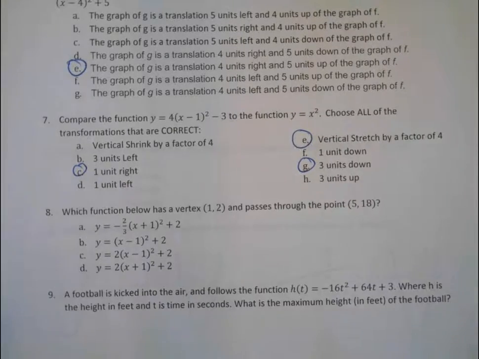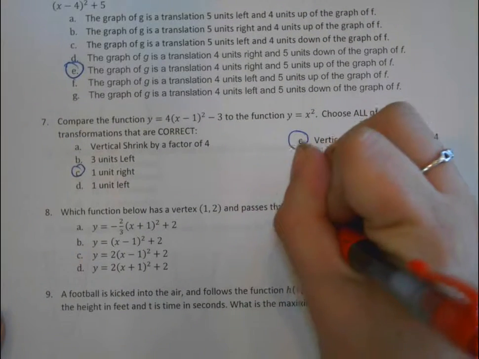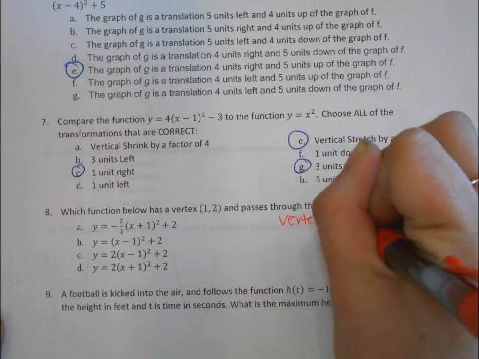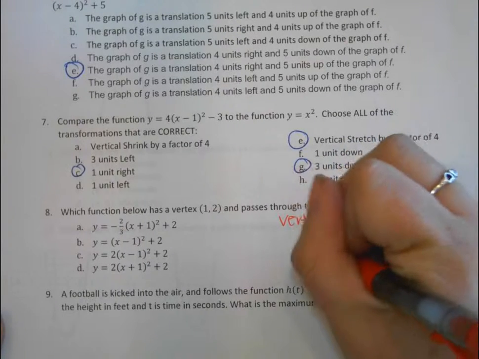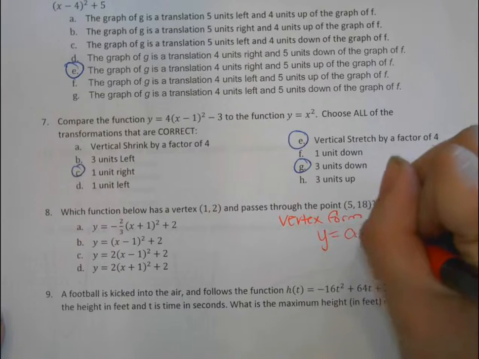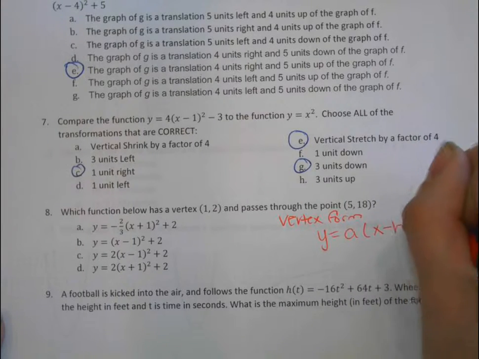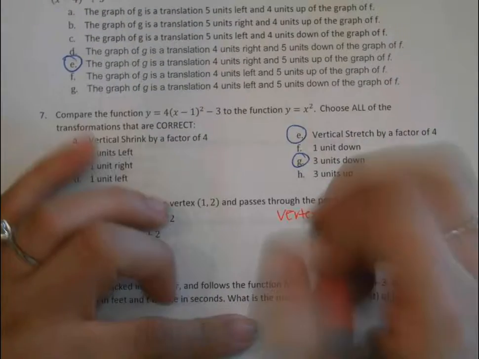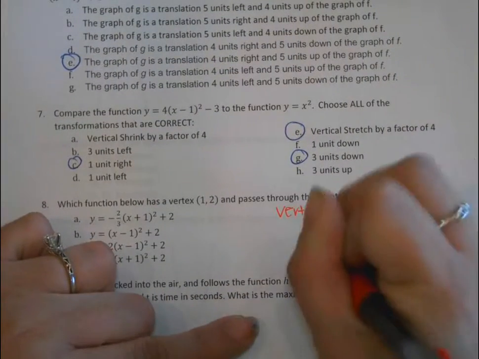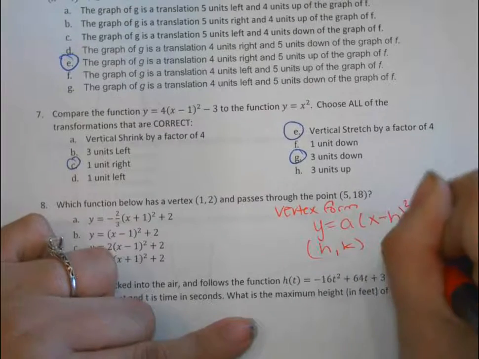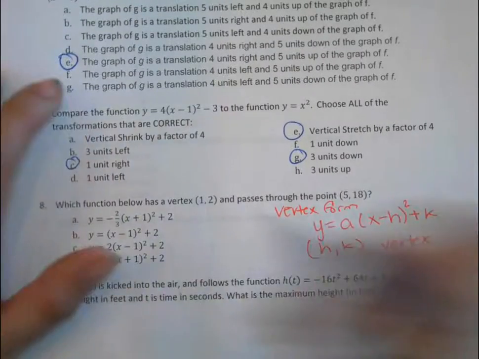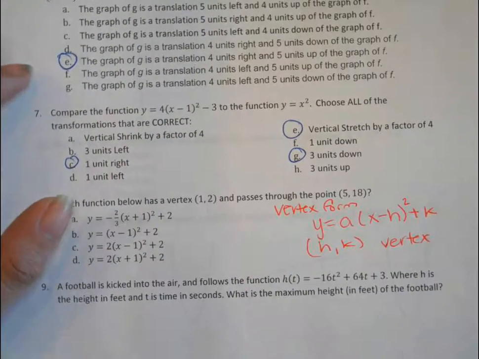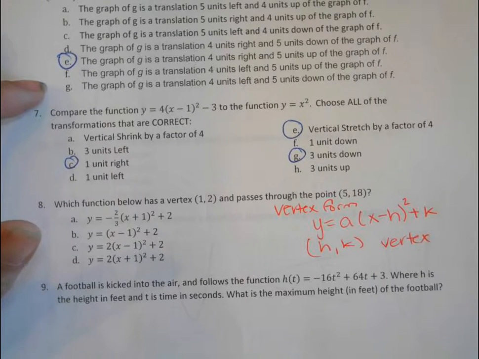So standard form of vertex form is y equals a(x minus h) squared plus k, where (h, k) is my vertex. So if my vertex is (1, 2), I am looking for something that has an opposite sign in the parentheses and the same sign outside.